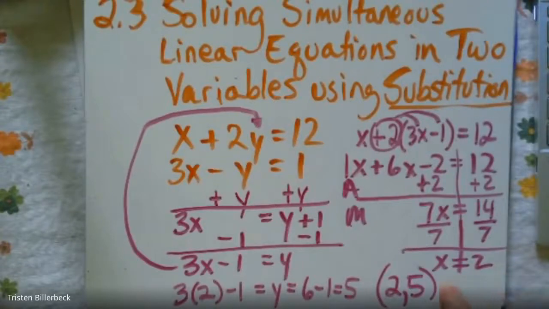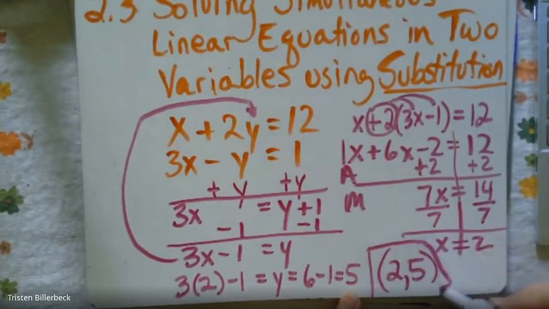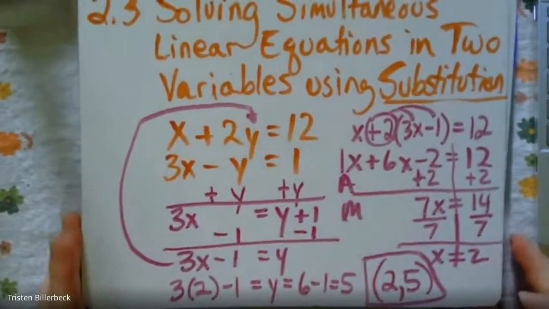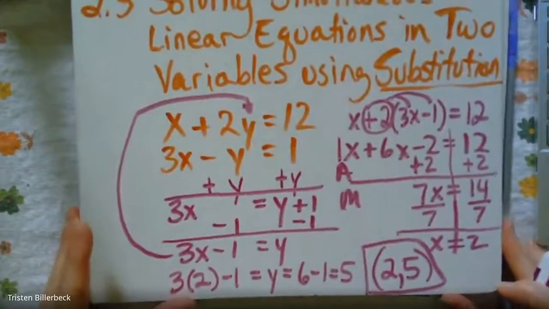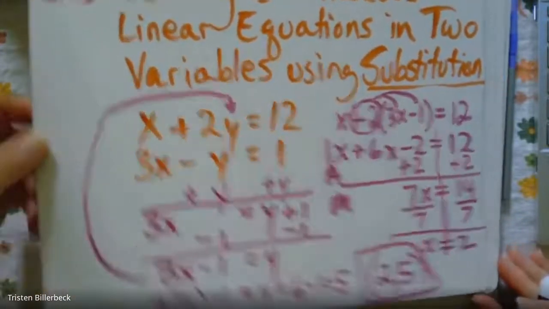So first I write the x, which is 2, then the y always goes second. So this gives me my solution, which is the intersection of these two lines. Okay, so they intersect in one point, and that is their solution.